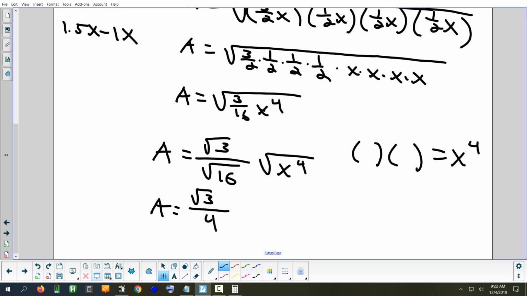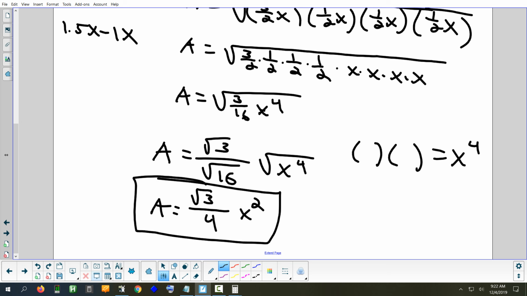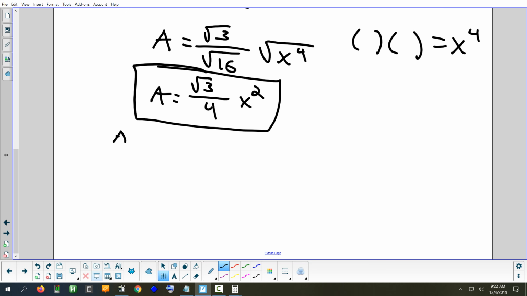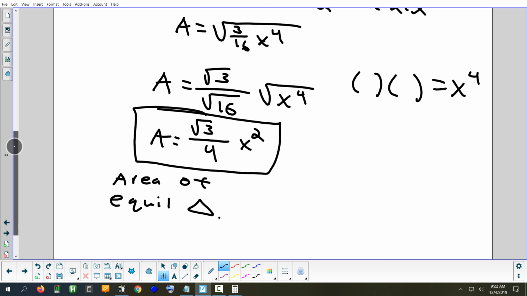X squared. Yes. X squared times x squared is x to the 4th. And that is the formula for the area of an equilateral triangle: square root of 3 over 4, x squared.